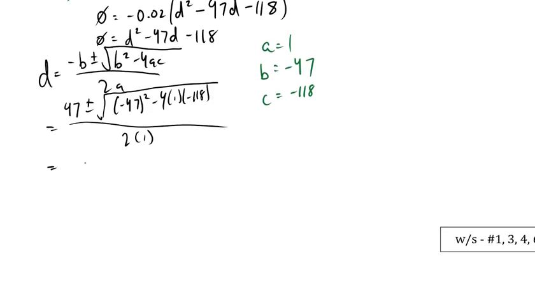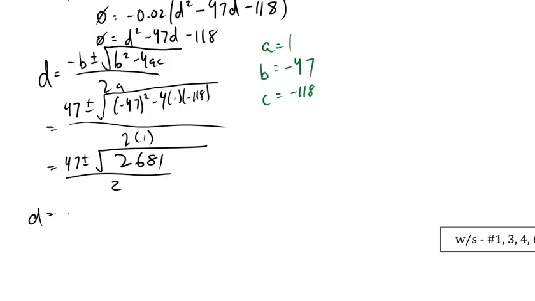Which equals 47 plus or minus, I'm just going to use my calculator for this part, the square root of 47 squared plus 4 times 118, which is 2681, and that's not a perfect square, so that's how I know that this isn't factorable.